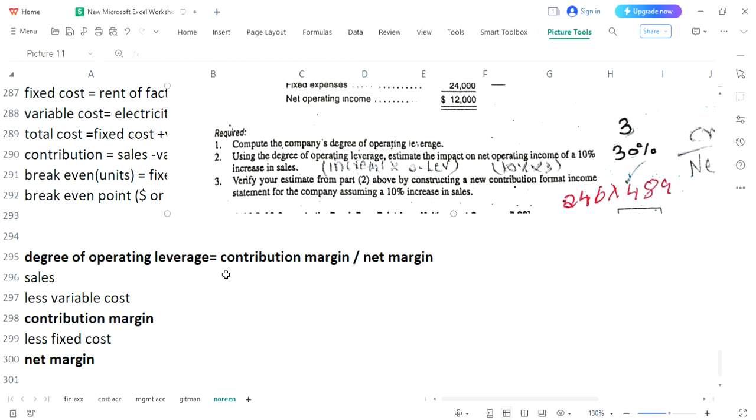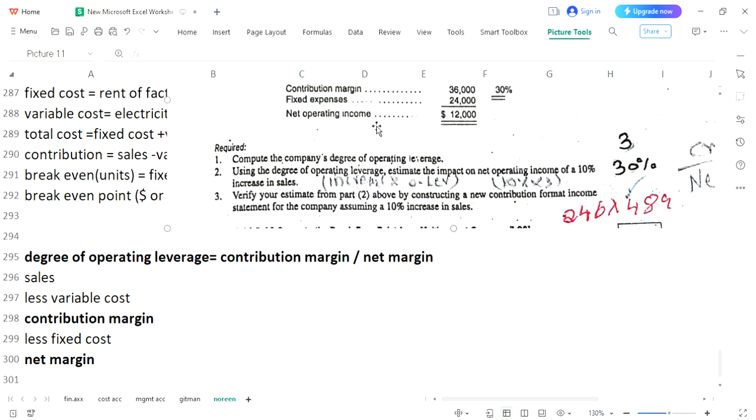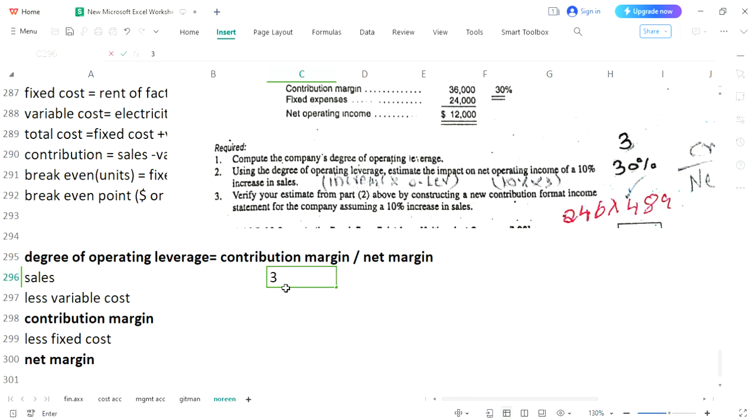Degree of operating leverage is calculated by taking contribution margin, which is 36,000, and dividing by net margin, which is 12,000. Now you can put these amounts on your calculator.